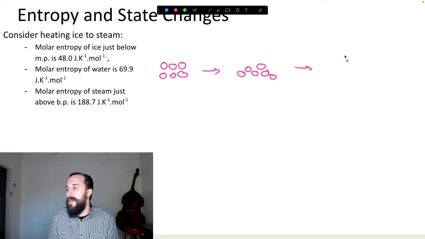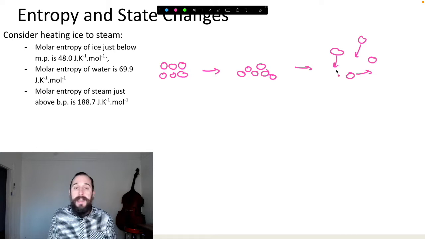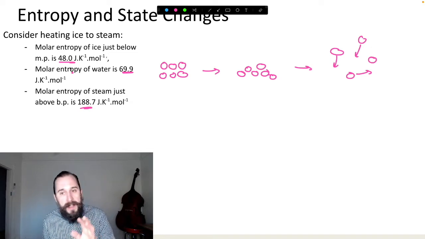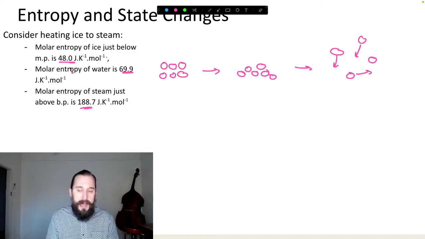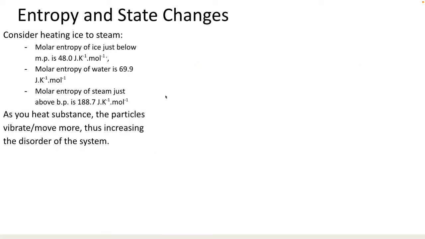And then our gas, in our high kinetic energy, moving around very quickly, there's even more states they can exist in, more microstates, so we have an even higher entropy value. So we can certainly observe that our entropy is increasing as we change the state from ice into steam.